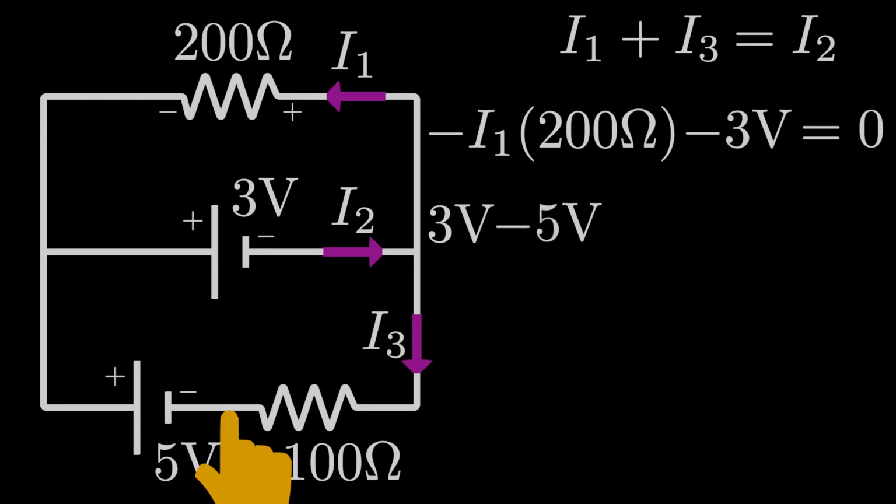Finally, we have to traverse this resistor, and this is where it gets a bit tricky. Because we've defined our current I3 to point toward the left in this situation, the current is actually moving opposite our finger's movement. Now it's in fact the current's direction which determines the potential difference across the resistor. The electric potential across the resistor always goes from high potential to low potential in the direction of the current.